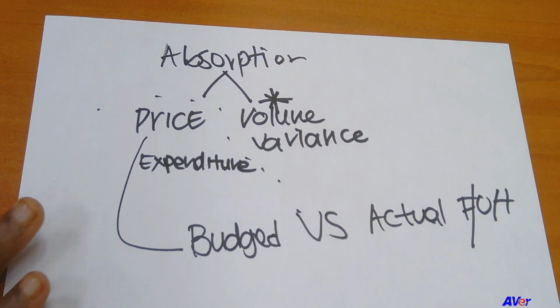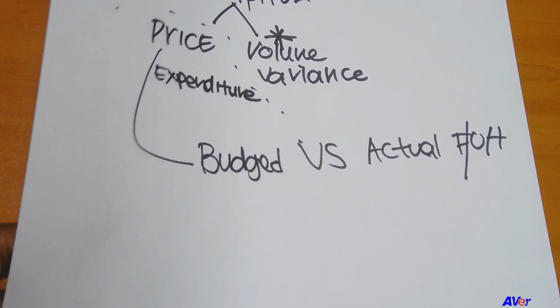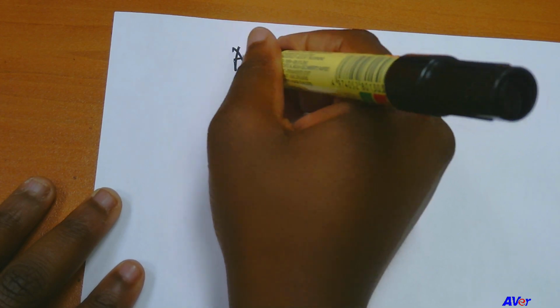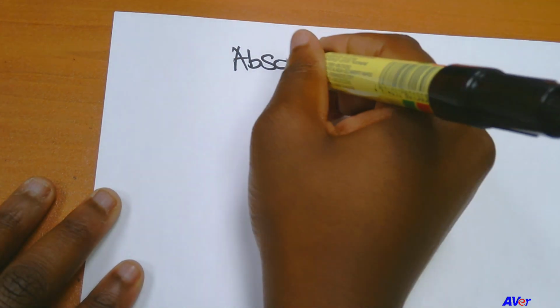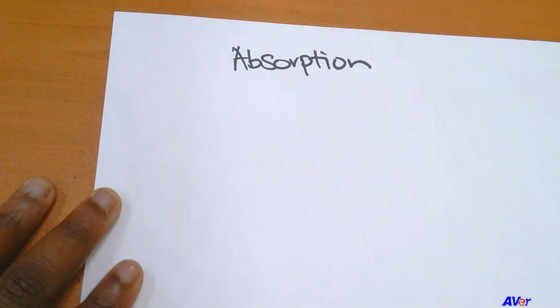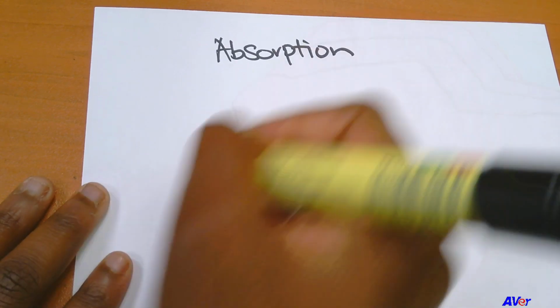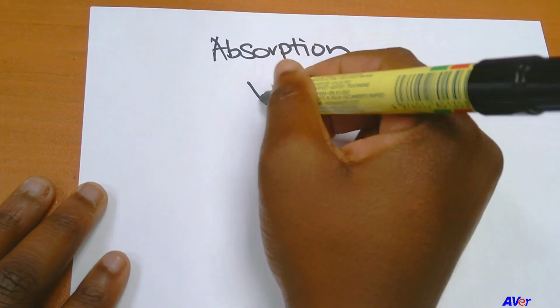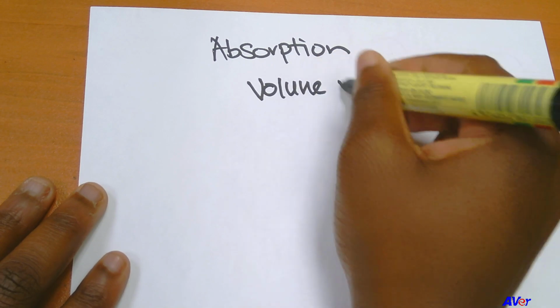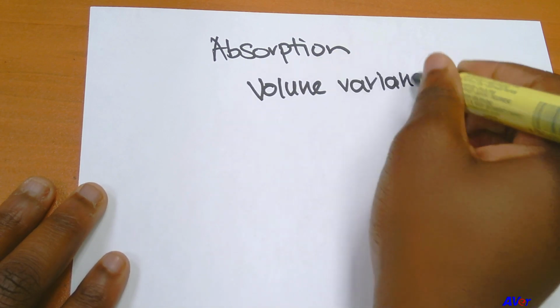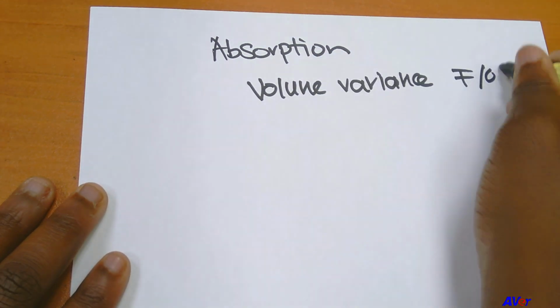Now we're going to discuss the volume variance. Just so that it's clear, we are doing absorption. This is the only method that will result in us having a volume variance for your fixed overhead costs.